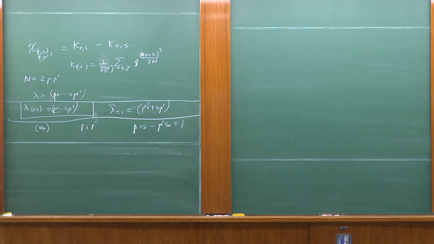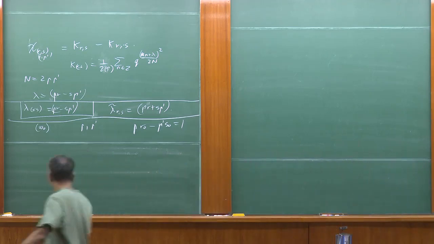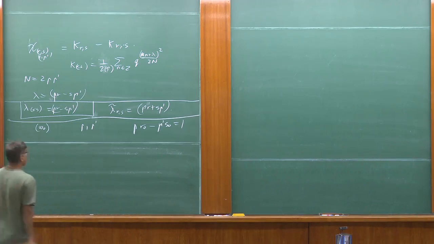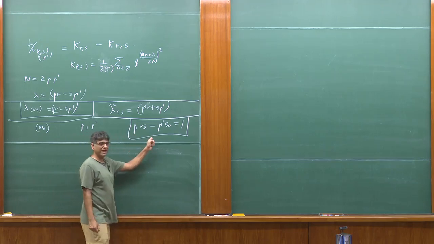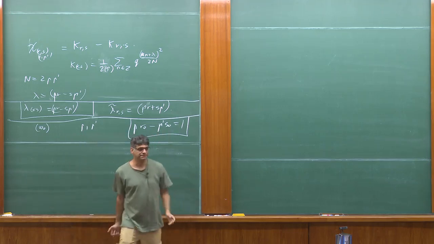Given any two relatively prime integers p and p prime, you can always find two integers such that this difference is equal to 1. This is a famous theorem of mathematics, and you can check it yourself. We actually talked about it in the last cycle of the course. So given any p and p prime, we have an associated r naught and s naught.